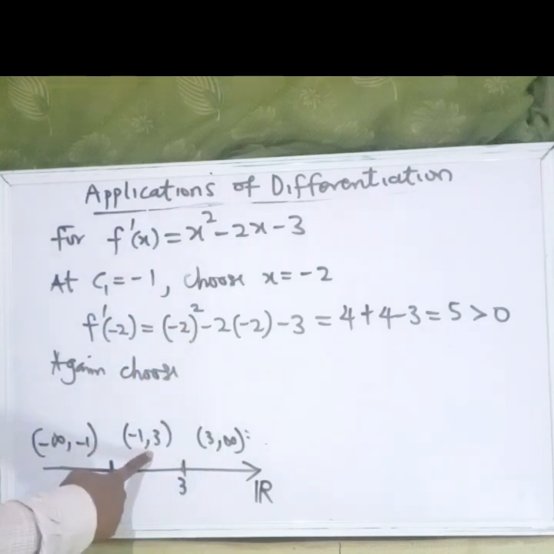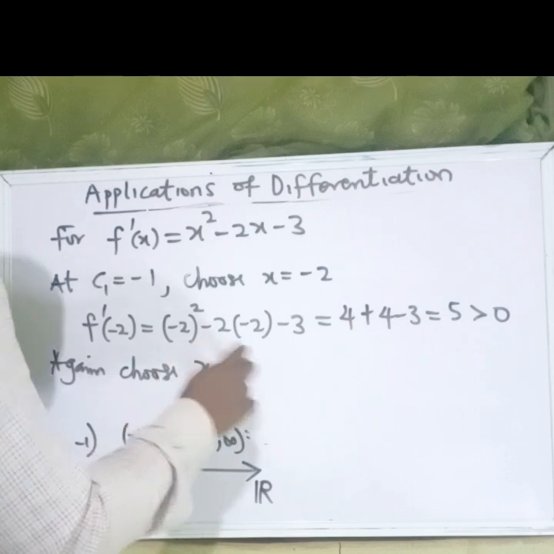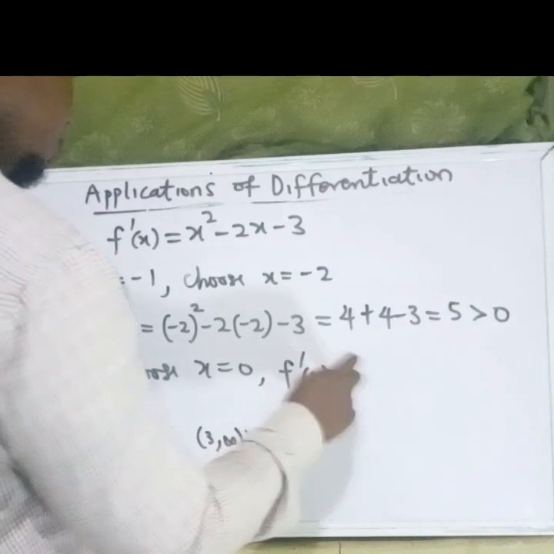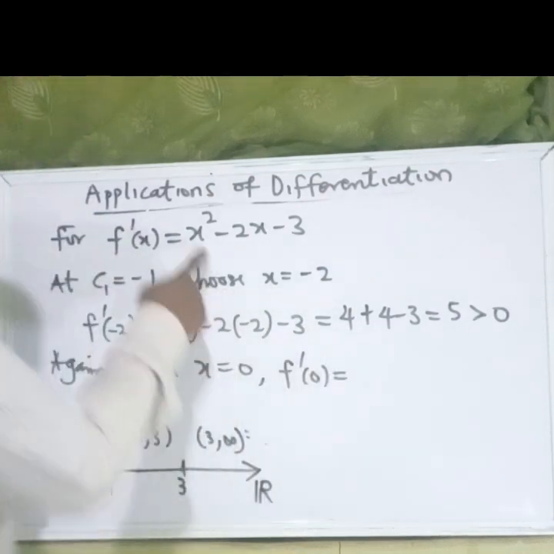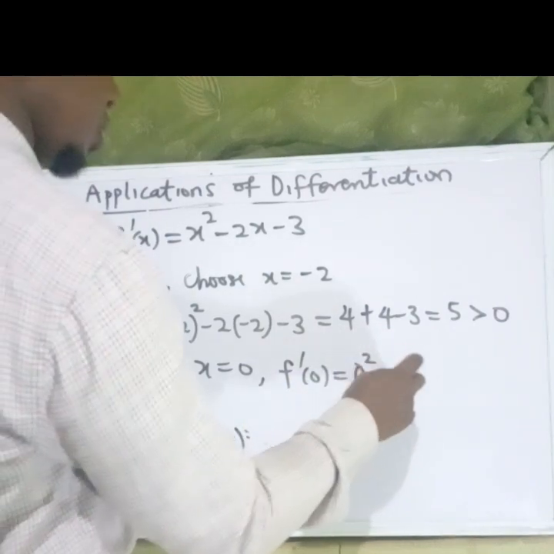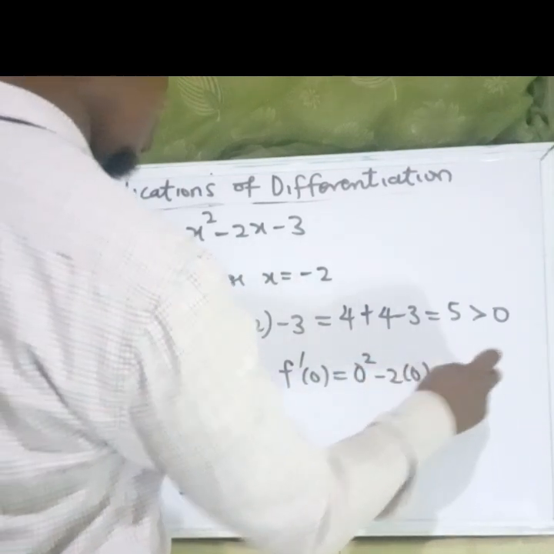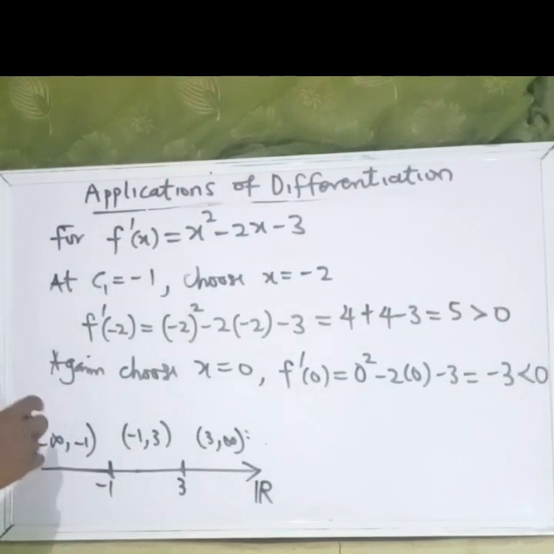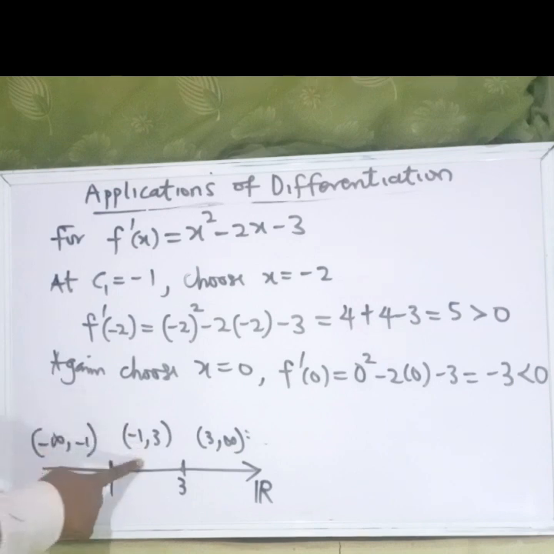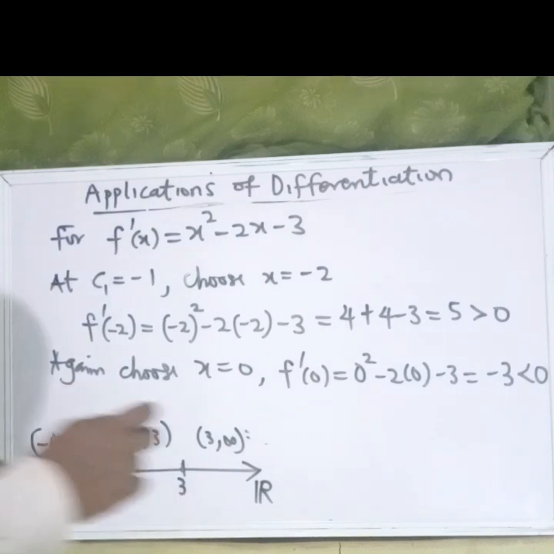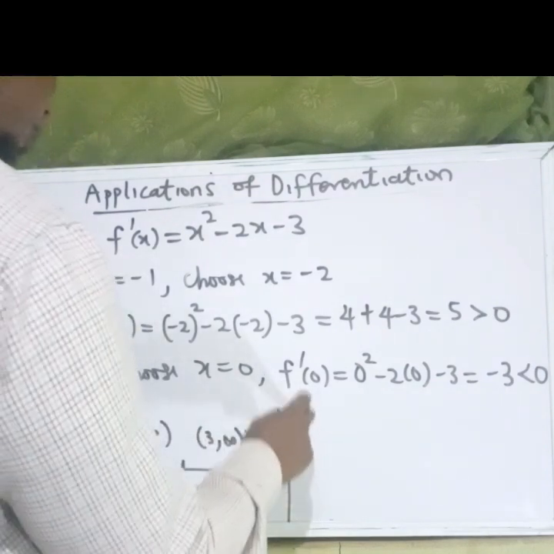Let's say 0 for ease. So f prime of 0 will be equal to 0 square minus 3 times 0, negative. So this is negative. It means here it is positive and here it is negative. Like we said, whatever holds there holds for the left of 3.